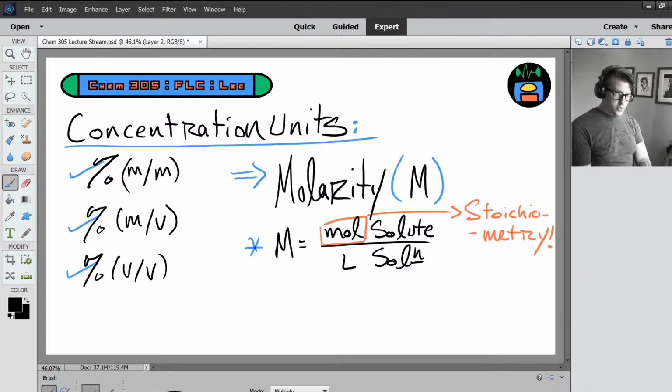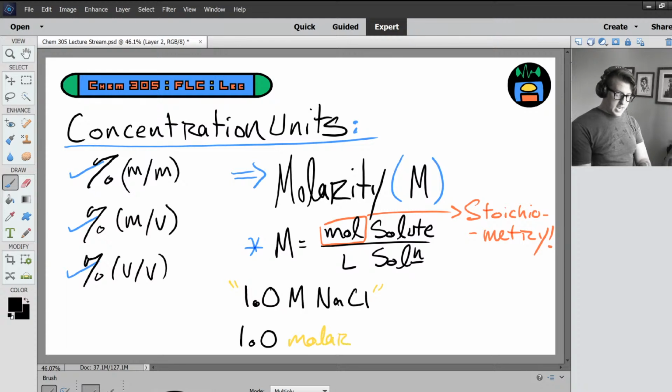By the way, let's say you have 1.0 and then the molarity unit of sodium chloride, let's say this is your solution. If you were to say this, you'd read it 1.0 molar.